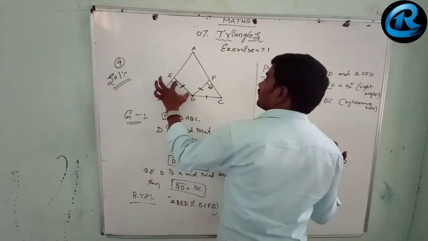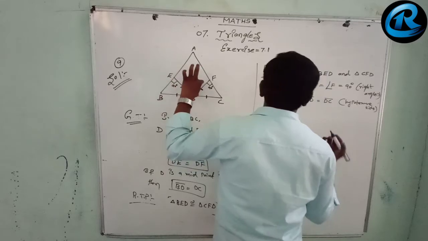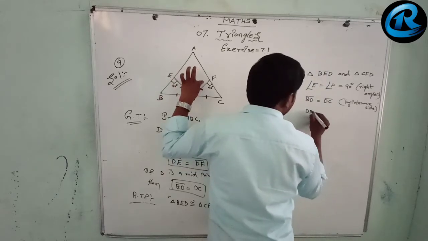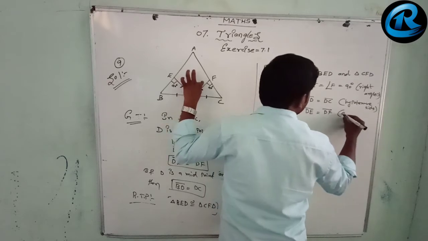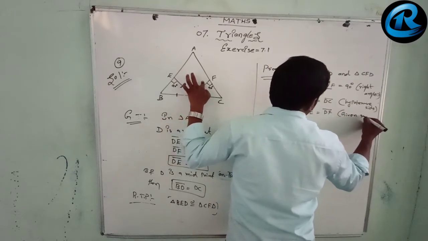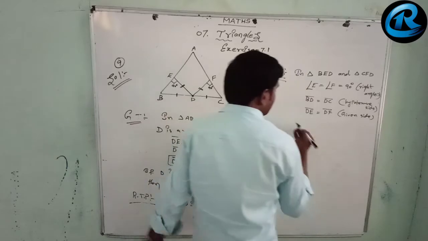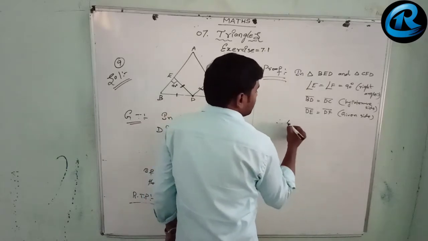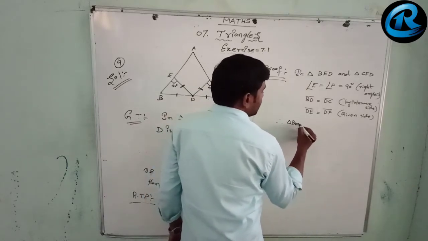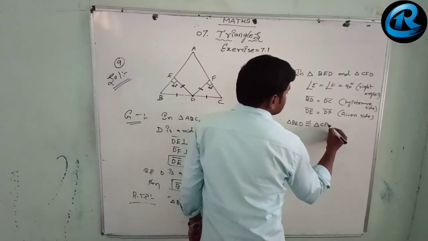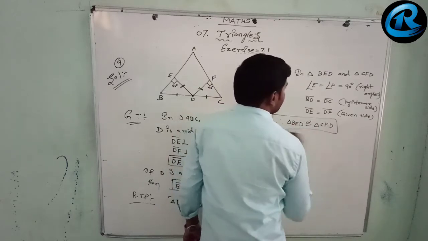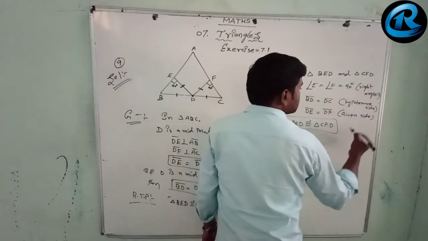Then here DE equal to DF, already given. DE is equal to DF, given side. So by the rule, triangle BED is congruent to triangle CFD by the rule of right angle hypotenuse side.